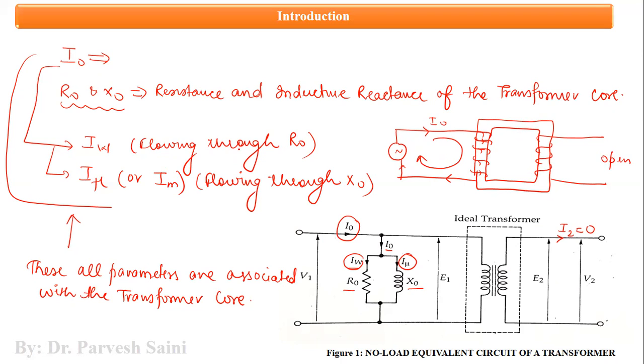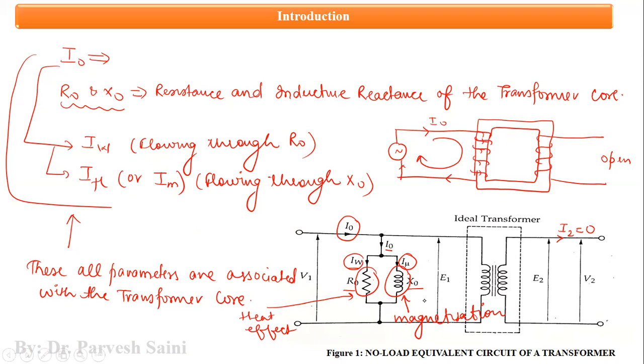And these two effects are symbolically represented by a resistance and by an inductor, where resistance represents the heat effect and inductor represents the magnetization, right?